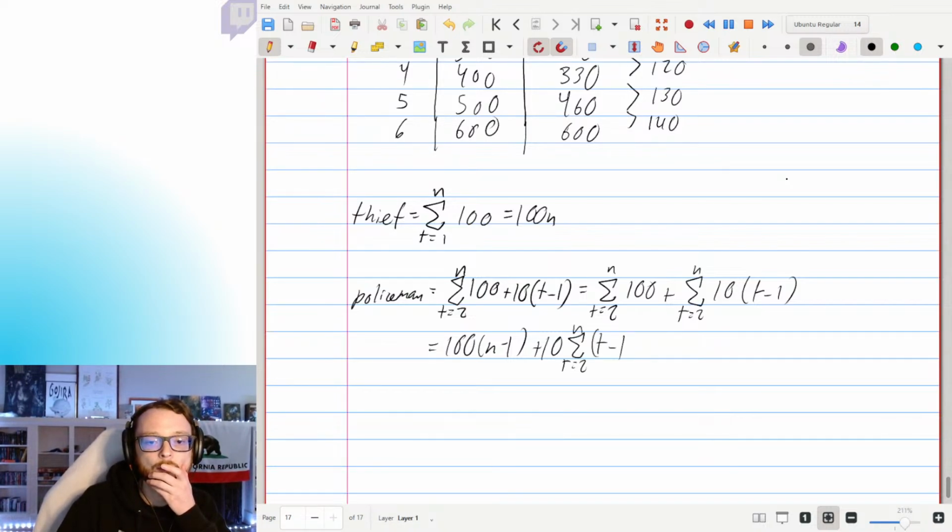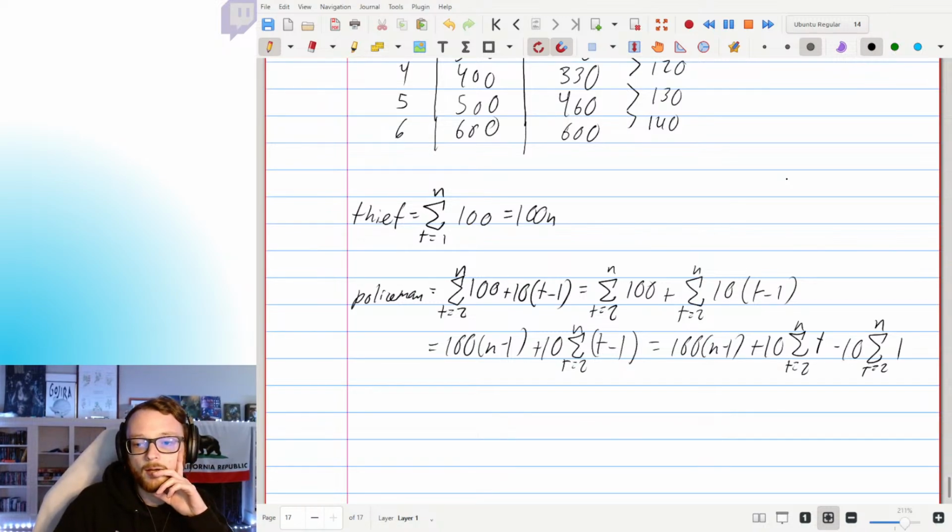So t minus 1. And now that subtraction, each one can get their own summation, but we do have to remember this 10 is out front, so we should distribute the 10. I'm drawing out each step in gory detail here, but if I was doing this for my own homework, I would probably compress these steps a bit, but in the interest of being complete, I'm showing everything.